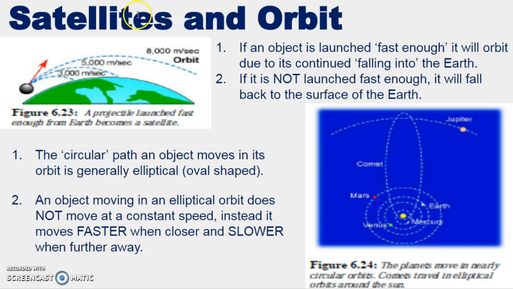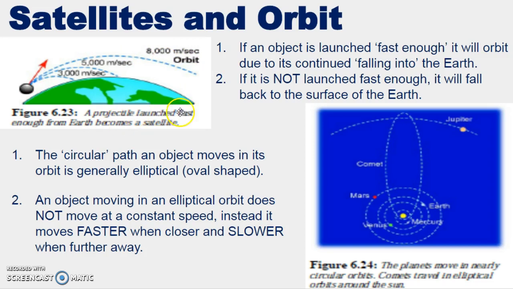So let's look here. Satellites in orbit. If an object is launched fast enough, it will orbit due to its continued falling into the Earth. If it is not launched fast enough, it will fall back to the Earth's surface. And this is what we call projectile motion. When we look at satellites and objects that are orbiting, they are also in projectile motion.